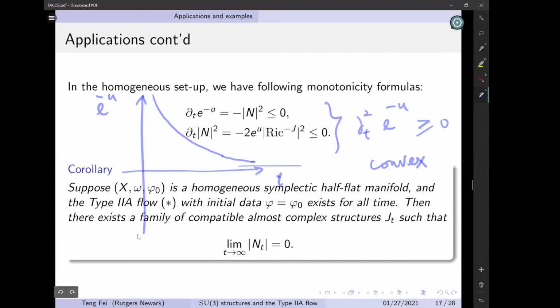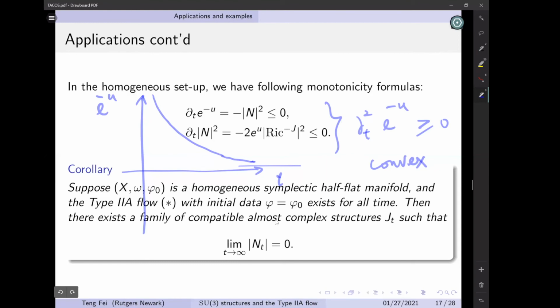So you can think of this result as saying that the behavior of our flow on this homogeneous setup tells us how good an almost complex structure we can have.